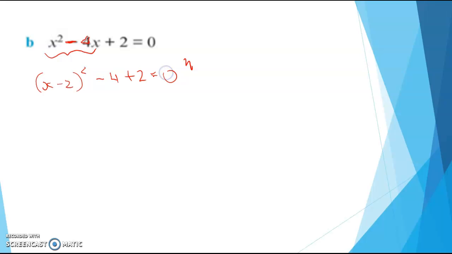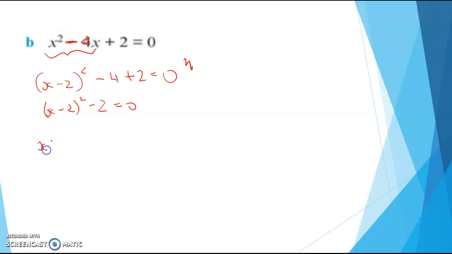Can you see, just simply halve that and set up as a perfect square. Expand that, you would have got plus 4, so we've added an extra 4, so we have to subtract that 4. And we'd end up with x minus 2 all squared minus 2 equals 0. So we have our difference of perfect squares.